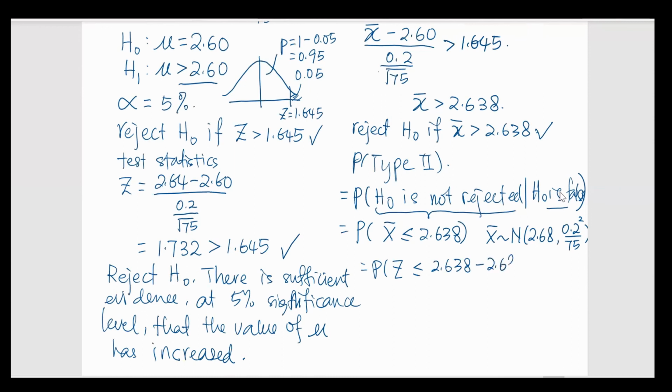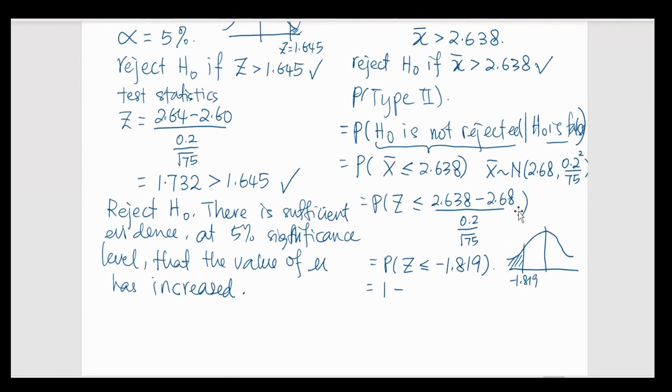So minus the mean and divide by the standard deviation. All right, so calculate the z-score value, which is going to be negative 1.819. And referring to the bell-shaped curve sketch to find the probability somewhere here, less than, so it's a smaller region. That means we are going to take 1 minus the value we obtained from the table.